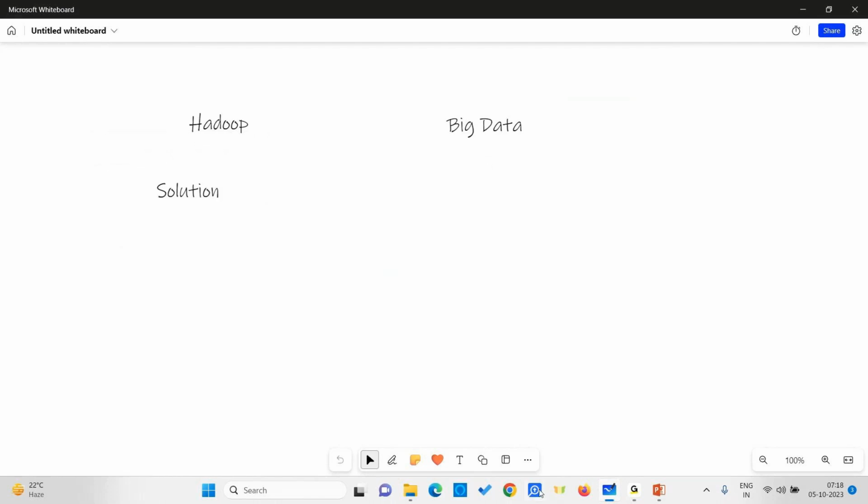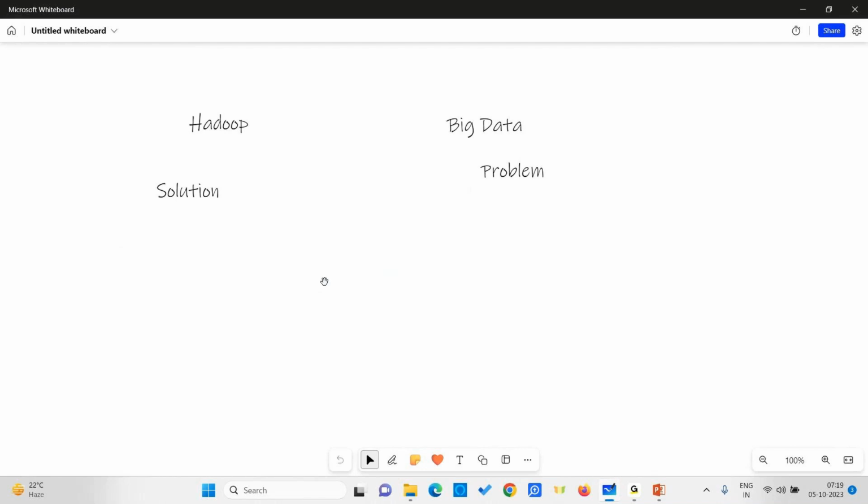And this is a problem. Big data is a problem. To solve this big data problem, we use Hadoop technology tools, but that is one of the technologies.